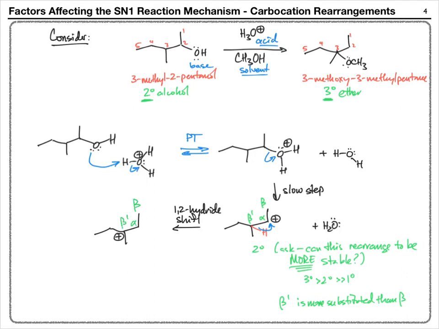So I'm sort of using that same nomenclature that I did for the prior one, just to keep things consistent for now. So here's your alpha carbon. I just kept that the same just for this discussion. These two electrons are moving over. So now this beta prime carbon has become what?